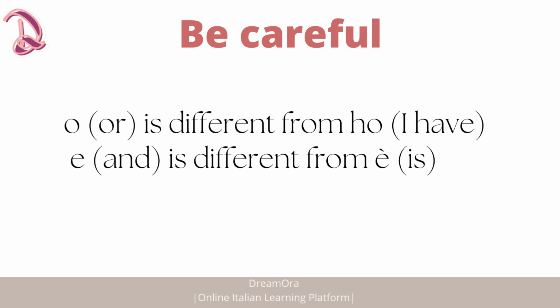And last, we have io e Lara, which means I and Lara. Perfect. And let's say that you want to say she is beautiful. How would you say that? Exactly. Lei è bellissima.